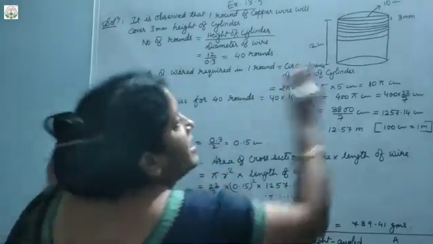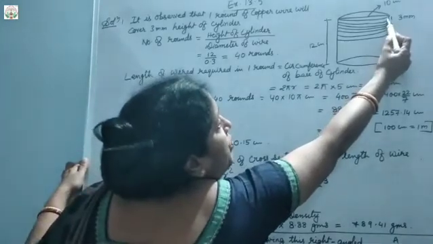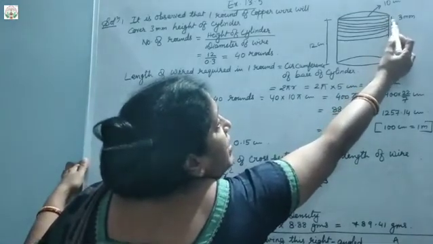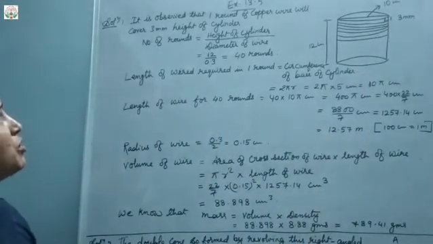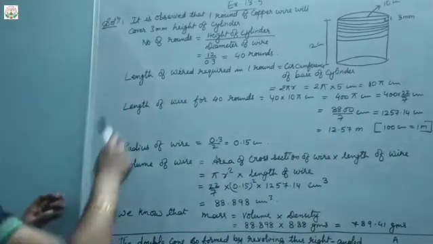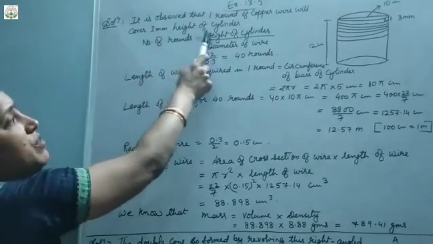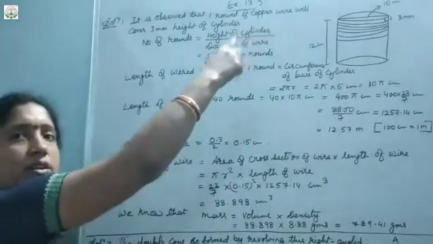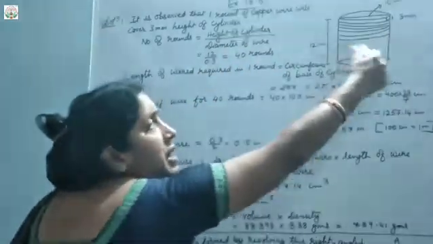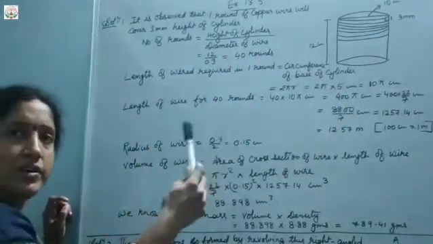That means the thickness of the wire is 3 mm, and it keeps on revolving along the height of the cylinder. The copper wire is wound around the cylinder.